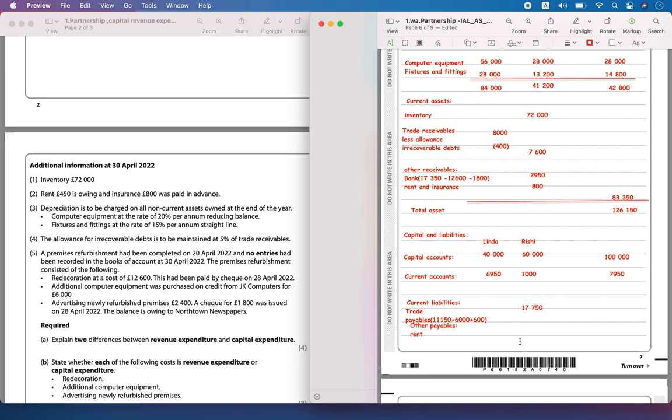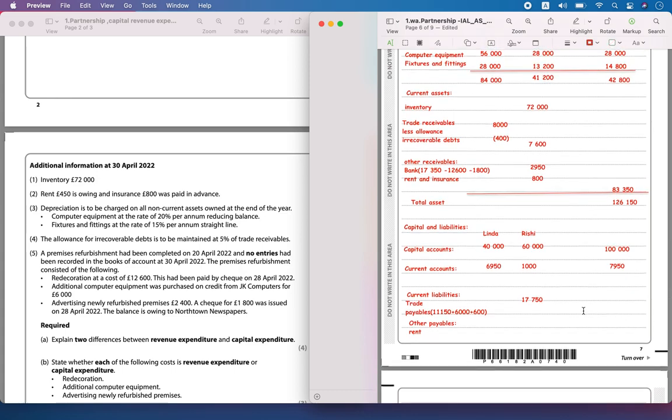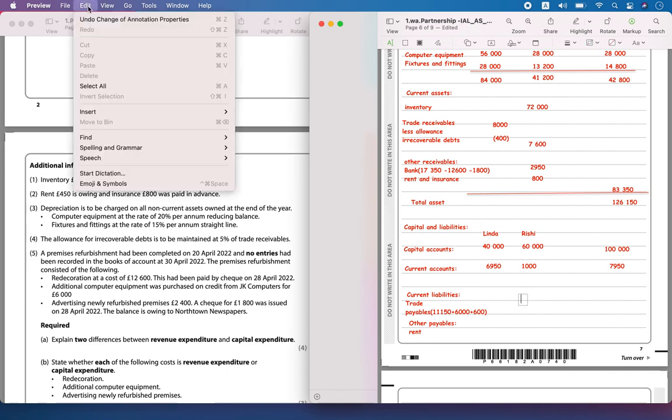Now we have the other payables, which was owed rent and insurance. So the rent was 450, so it had become other payable. It's an owed expense, you had to settle it immediately, so it's a current liability.